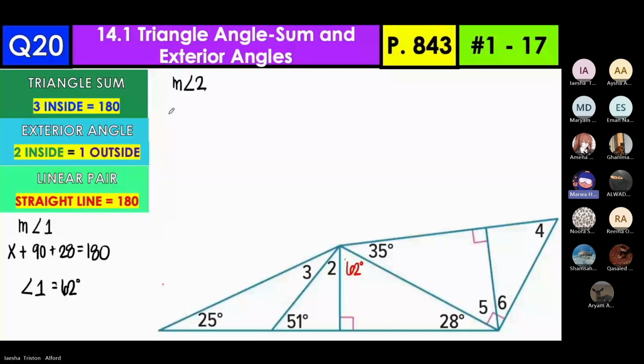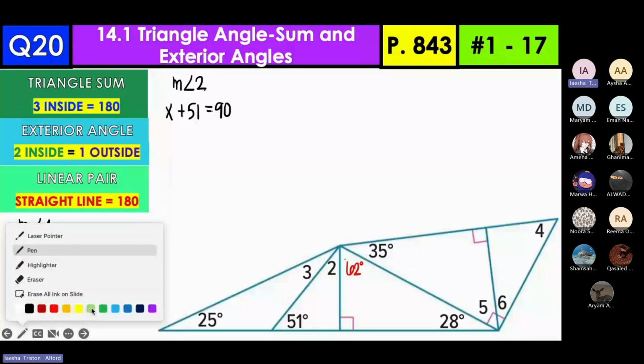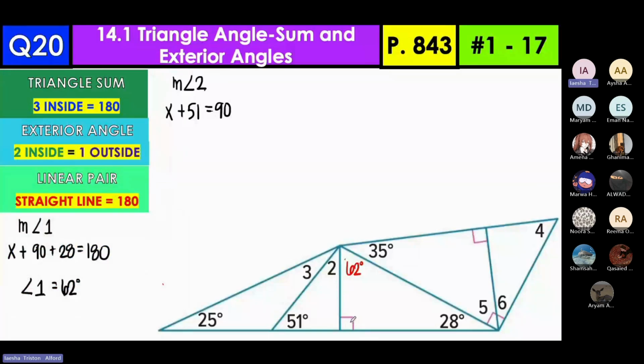X plus 51 equal 90. For those of you that want to use triangle sum, if this one is 90, what should be here? 90.